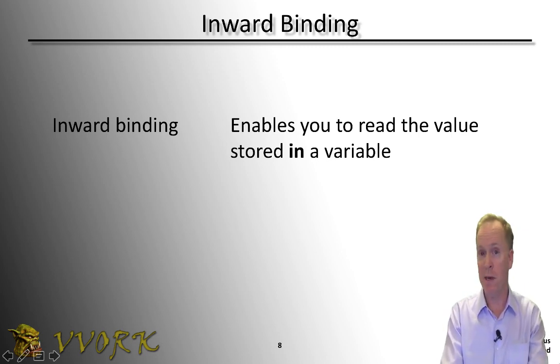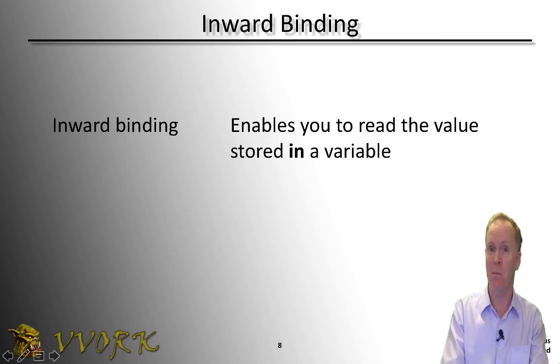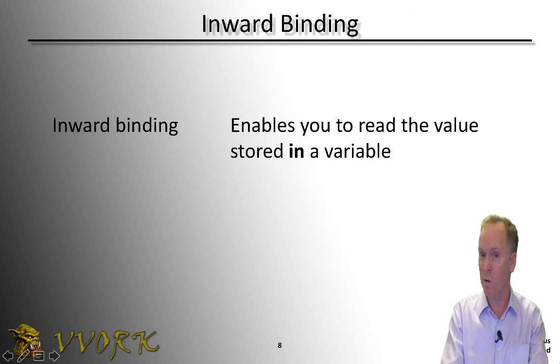So you'll hear me throughout these videos talking about bindings that are inward and bindings that are outward. Let's focus on inward bindings right now. What I just showed you was an inward binding. And what inward bindings do is they enable us to read the value that's stored in a variable.